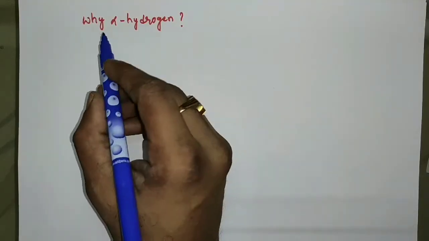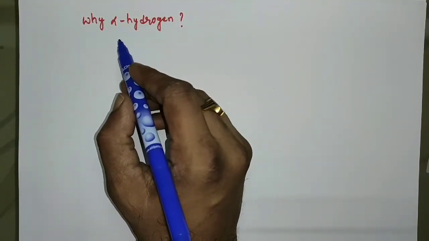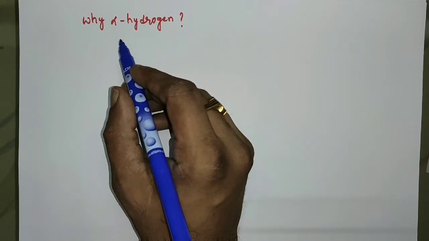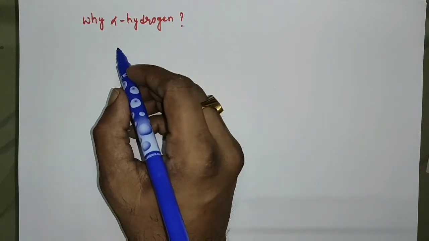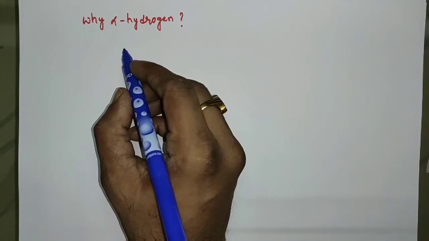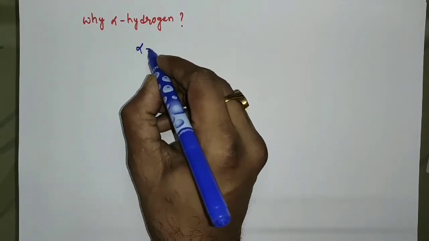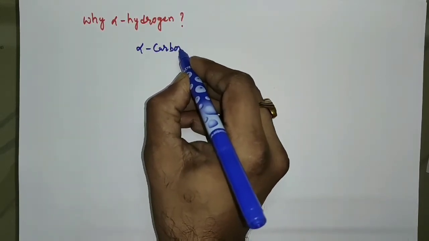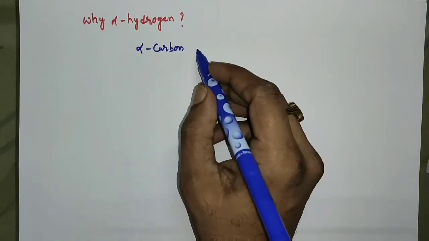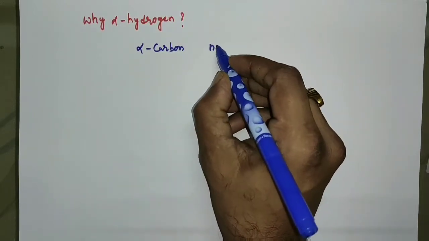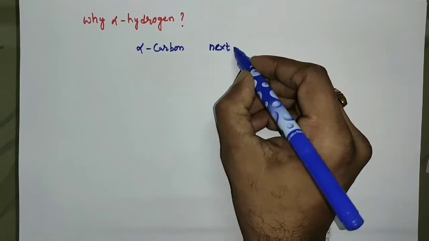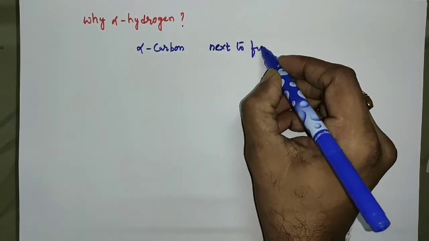Now the question is, why alpha hydrogen is required for aldol condensation? We all know that alpha hydrogen is the hydrogen atom bonded to alpha carbon, and alpha carbon is the carbon atom which is present next to functional group.